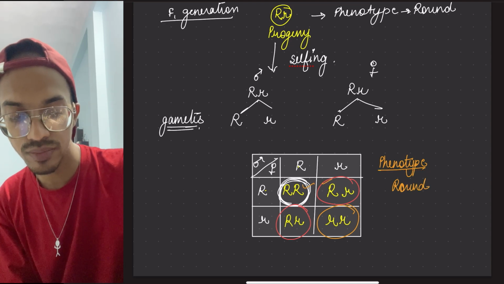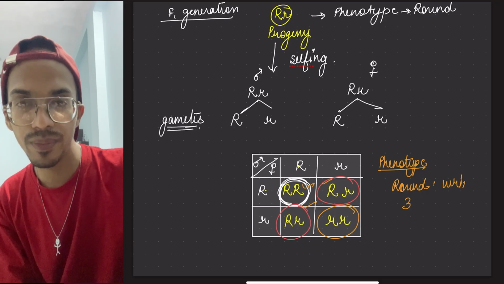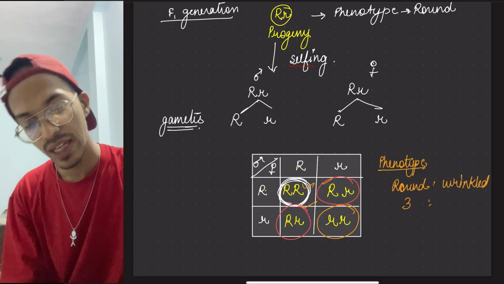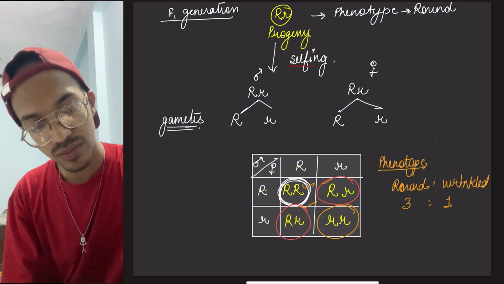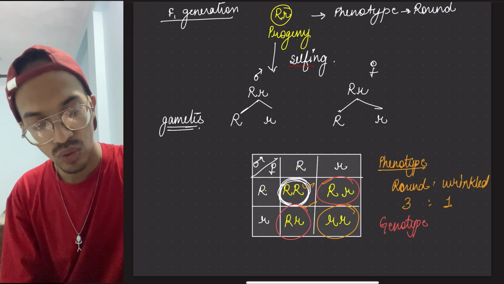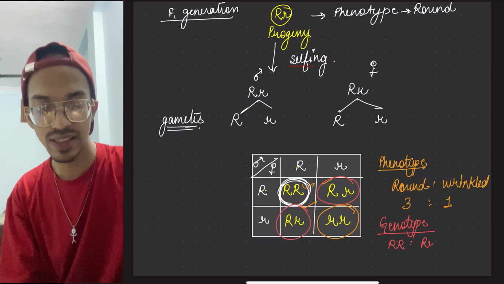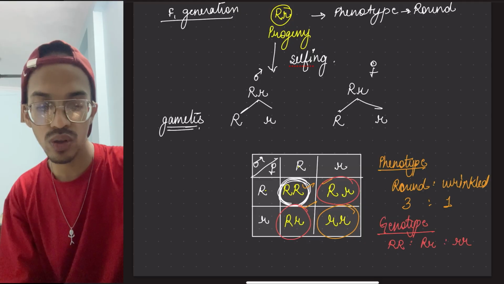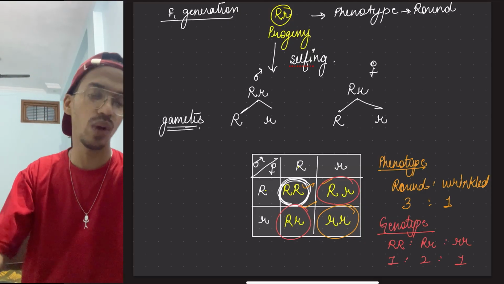So 3 round, and 1 will be the wrinkled one. If we have to write the genotype, we have 3 types: homozygous dominant, heterozygous, homozygous recessive, so 1:2:1. That's it. This is what you have to make.